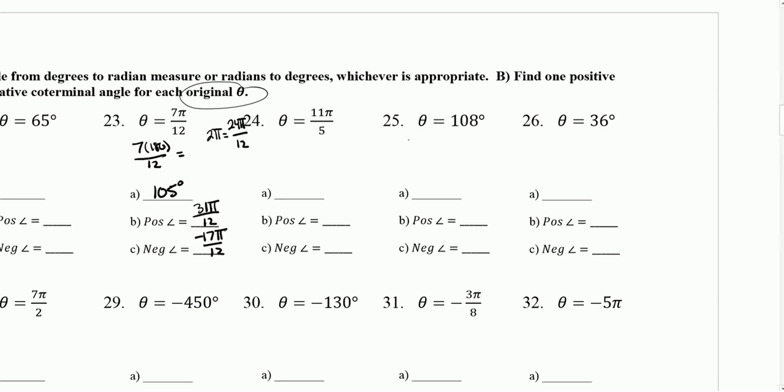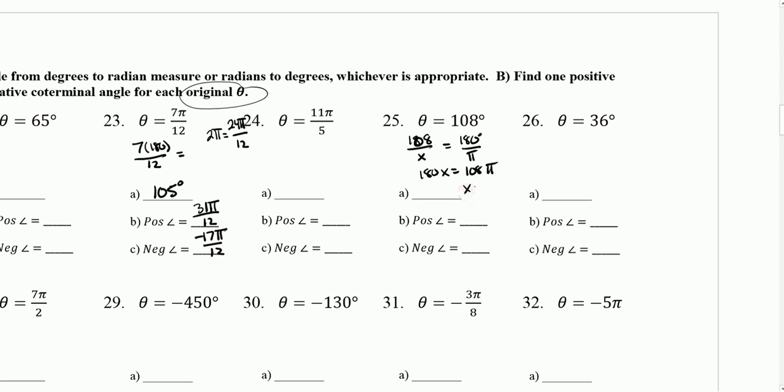25, we got 108 degrees. Sorry, 108 degrees, converting to x radians, and we know that 180 degrees converts to pi radians. If we cross multiply, we get 180 times x is 108 pi.